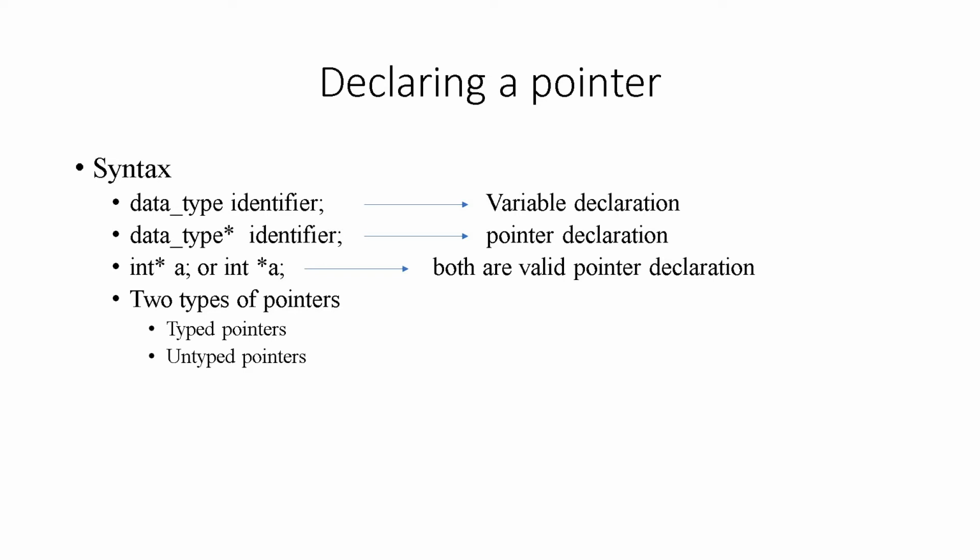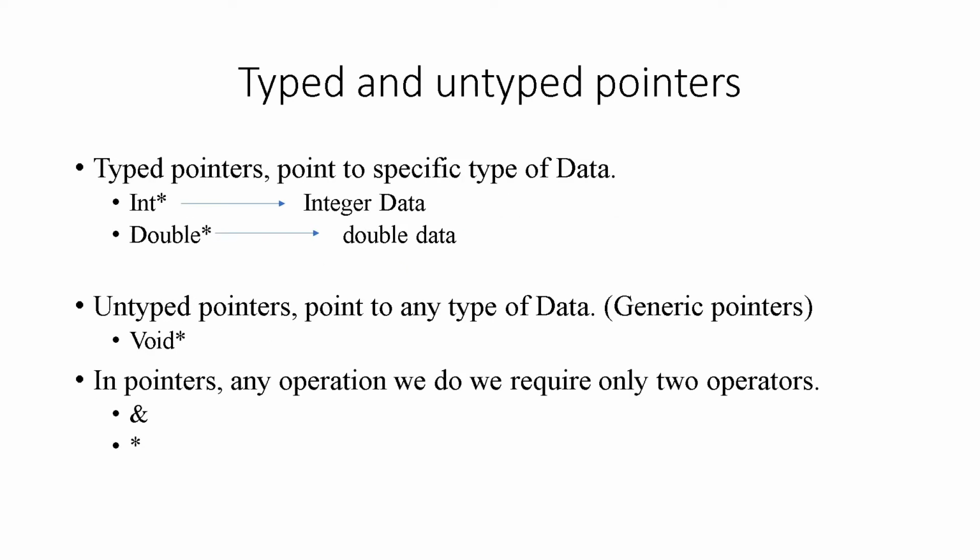There are two types of pointers: typed pointers and untyped pointers. Typed pointers point to a specific type of data. For example, if we are declaring an int pointer, then it is going to point to integer data.